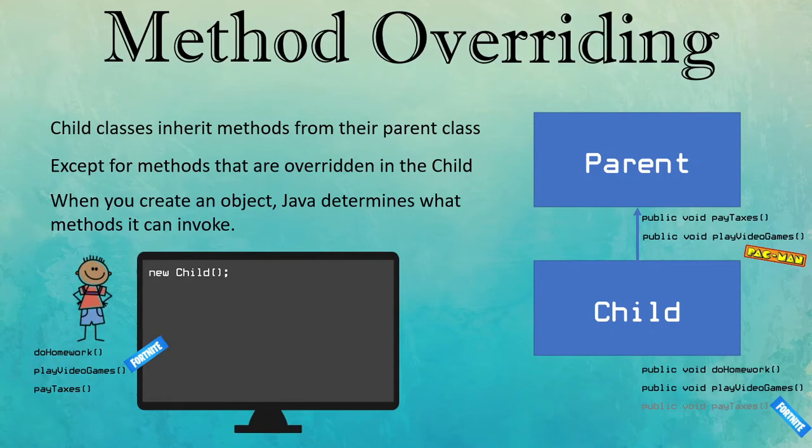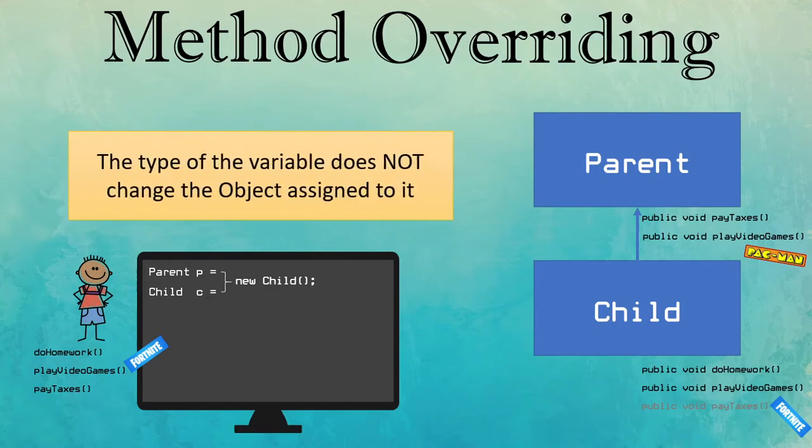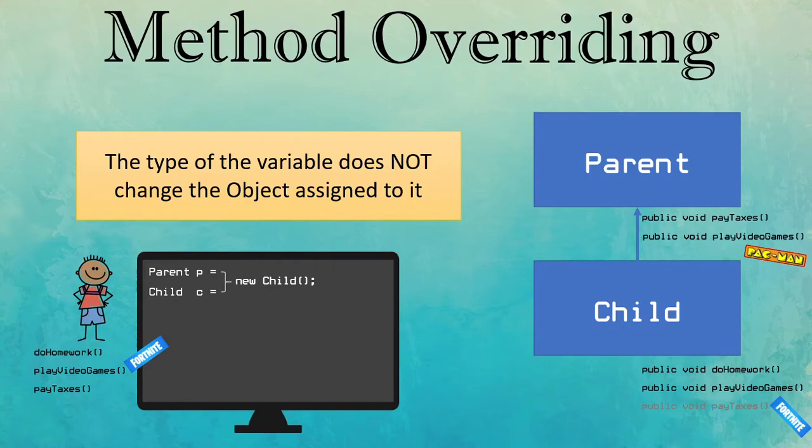Polymorphism gives us the power to assign a child object to either a parent or a child variable. No matter which type of variable you assign a child object to, it won't change anything about the object. The type of the variable does not change the object assigned to it. If we assign the child object to a parent type variable, it is still a child object.